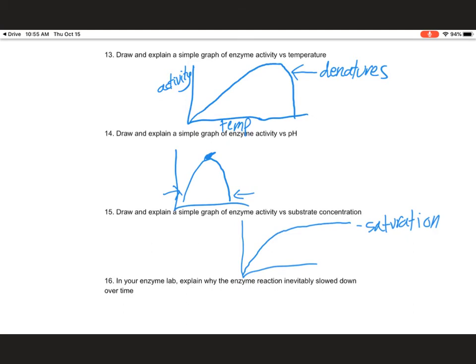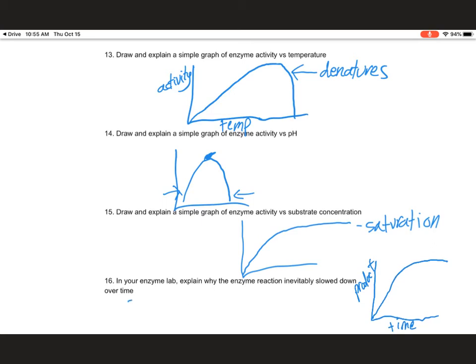Why do enzyme reactions, like in our lab, inevitably slow down over time? So we have the product here, and we have time, product produced over time, so it's going to start making a lot of product, but eventually it's going to level off. It's going to stop making so much product.